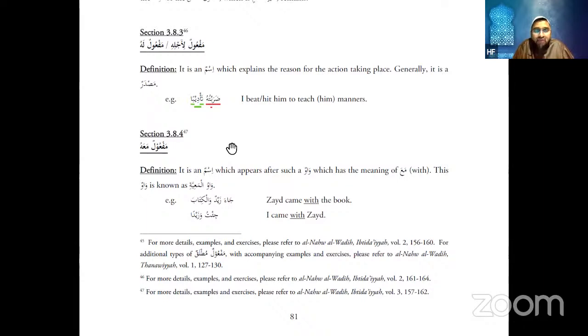And inshallah, once I've taught you all of this, maf'ul lahu, maf'ul li ajlihi, maf'ul, all of these, then I will go through ayat of the Quran with you, and then go through examples to solidify and reinforce these concepts within yourselves. Because these mansubat, I'll go to the Quran and reinforce this again for you. But so far, is this clear?